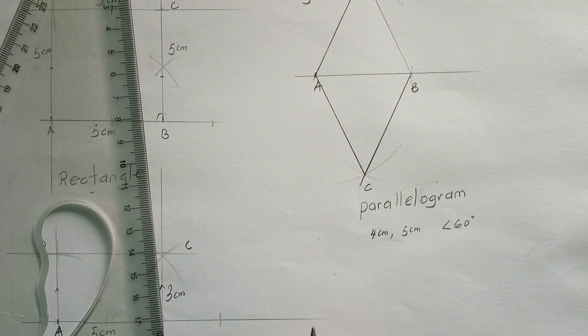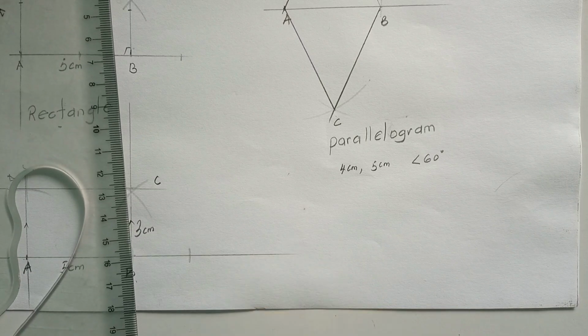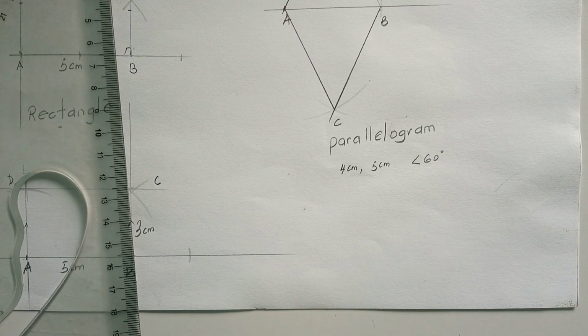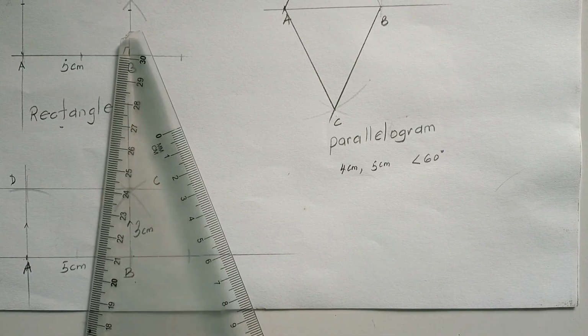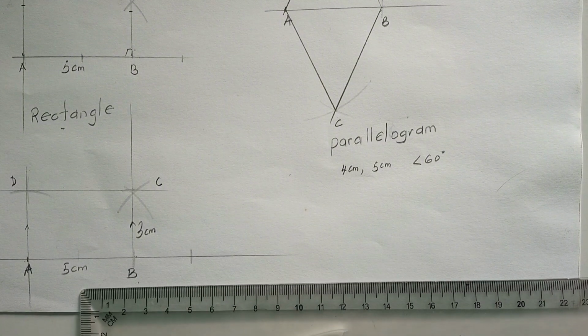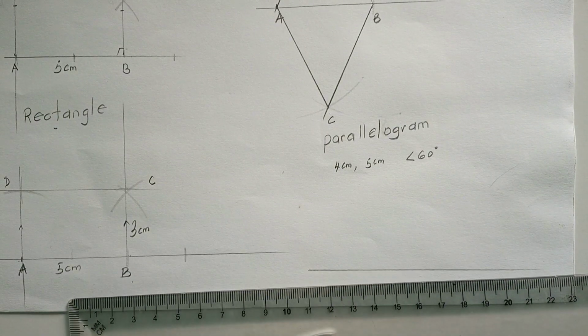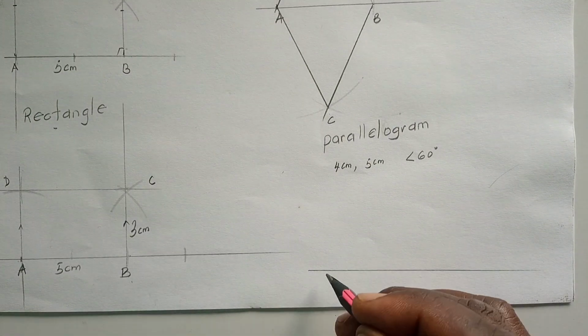Along our line of construction in pre-technical, we have learned how to draw an angle of 60 degrees. How do we draw an angle of 60 degrees? Once again, we start with our construction line. Draw it there like that. Take 5 centimeters from there.